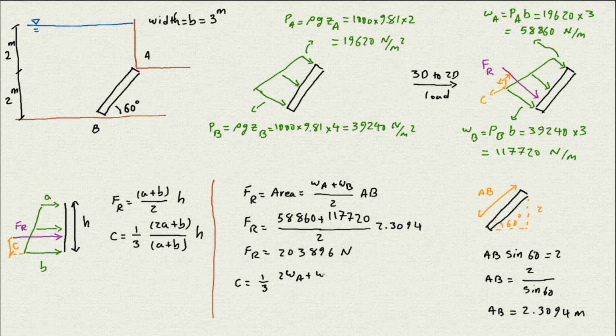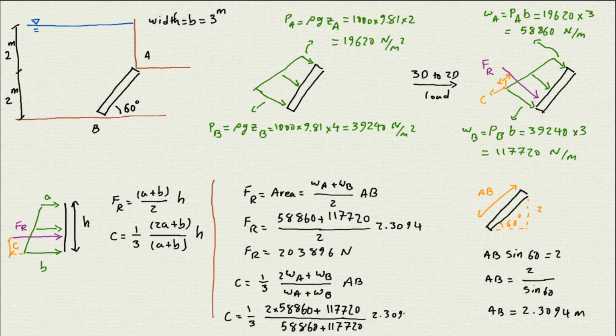And the location of that C value here, the C is also going to be 1/3 of 2WA plus WB divided by WA plus WB and times the AB. So therefore the C would be 1/3 of 2 times 58,860 plus 117,720 divided by 58,860 plus 117,720 and times 2.394, and it would come out as 1.02 meter.